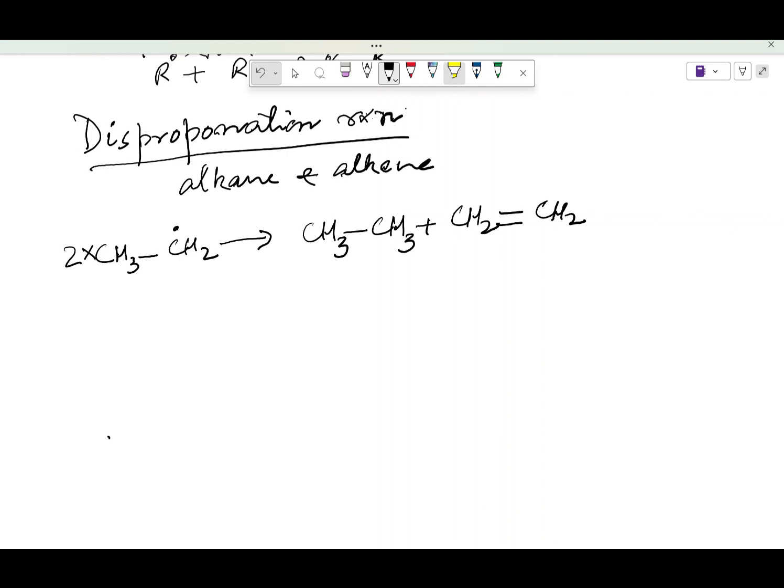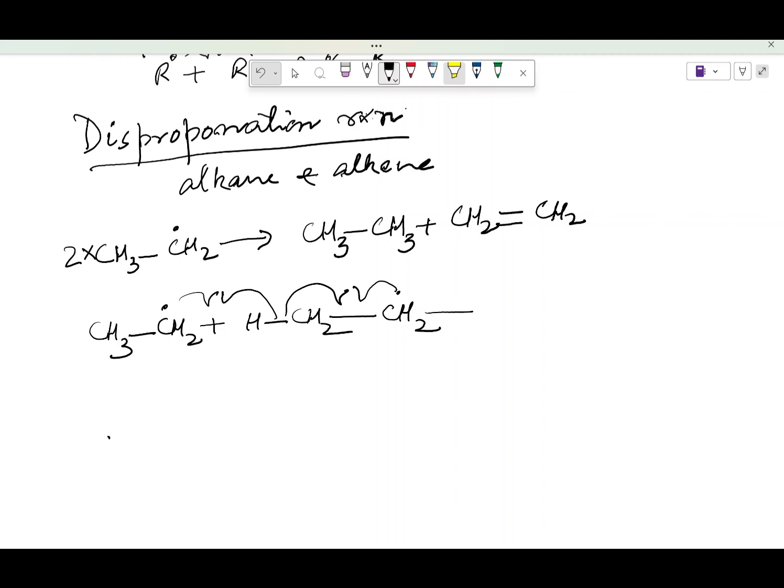Now, how does it come? You see here, if you go through the mechanism of this one, then you can say the H migrates with the free radical somewhat like this, and then we will get ethane plus ethene.